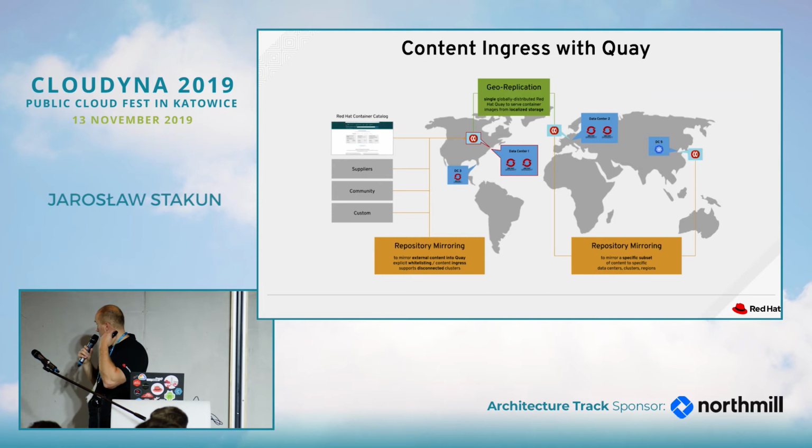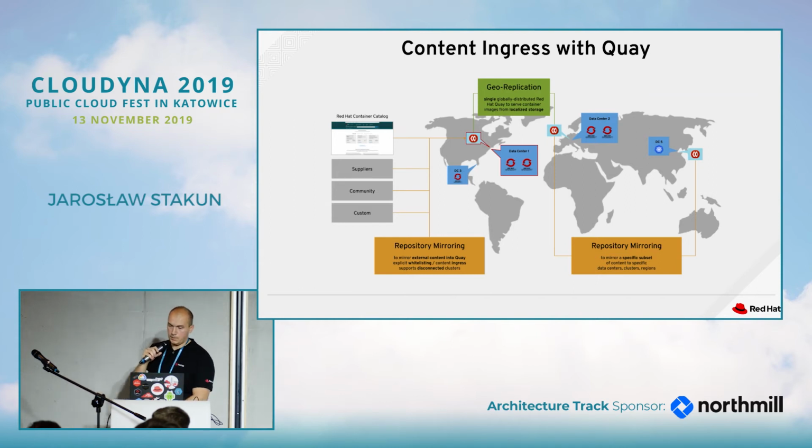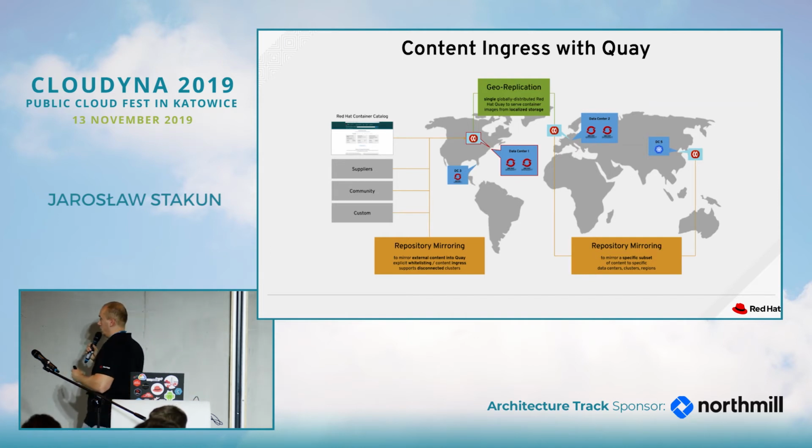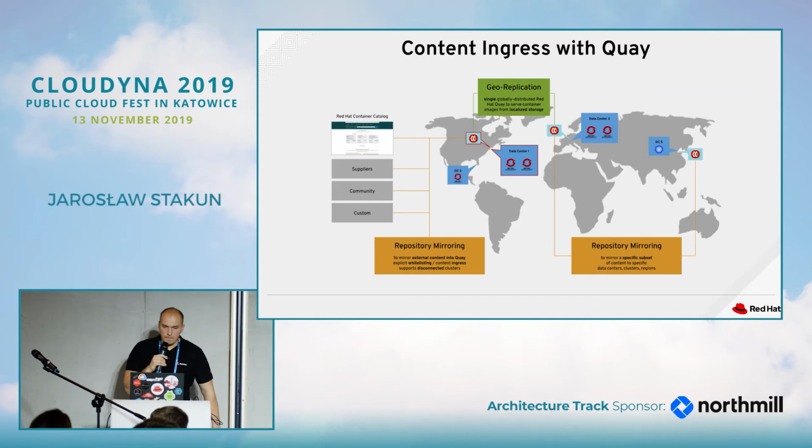So it can geo-replicate the images of our application between different instances. And this has solved for us the problem of releasing new versions of the services based on the container images.